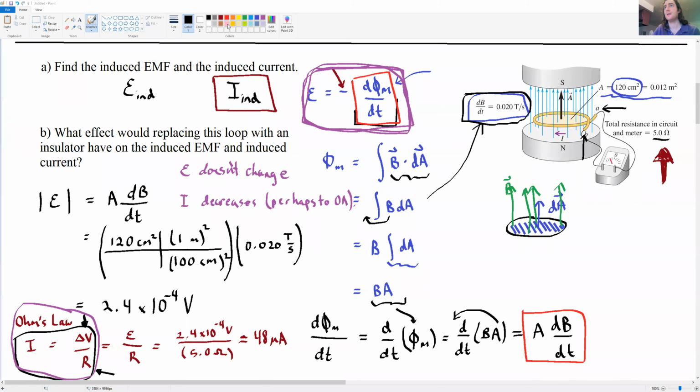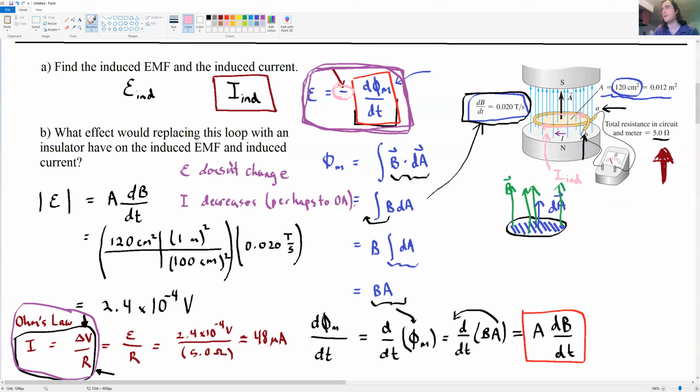Okay, so let me get a color that stands out here. Pink, and the current is going to be flowing in this direction, the induced current. And actually it is already labeled on this problem here. So this is the induced current, and that is due to the minus sign right here in Faraday's law.